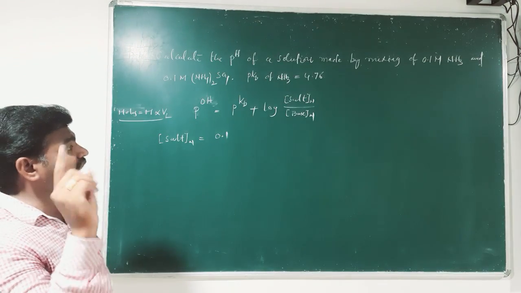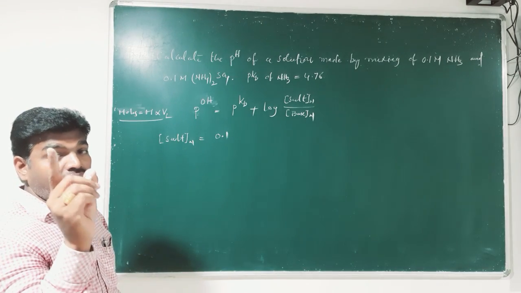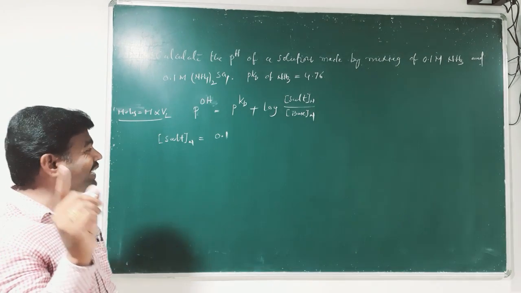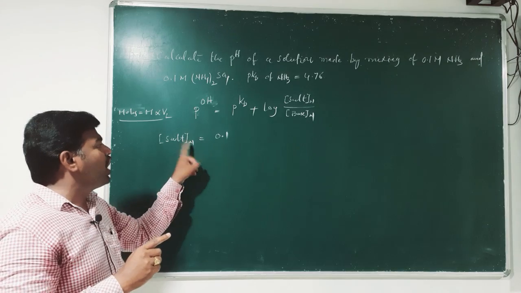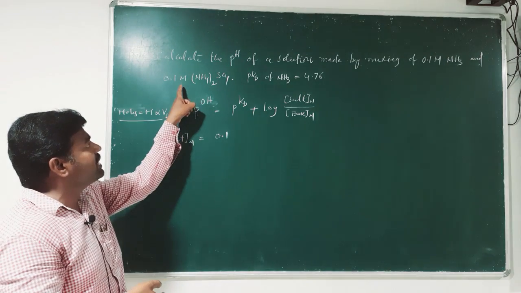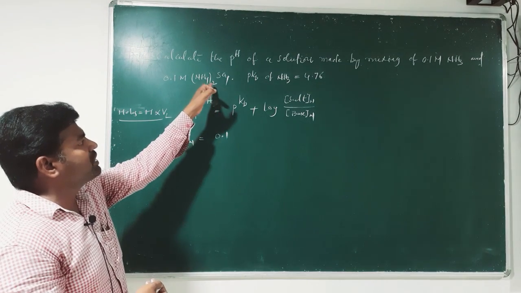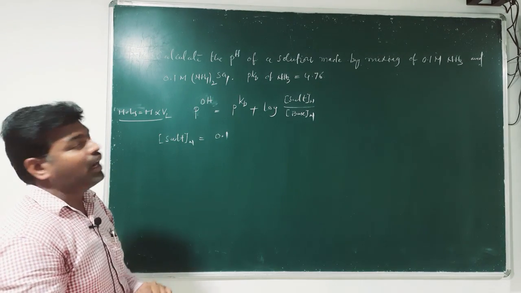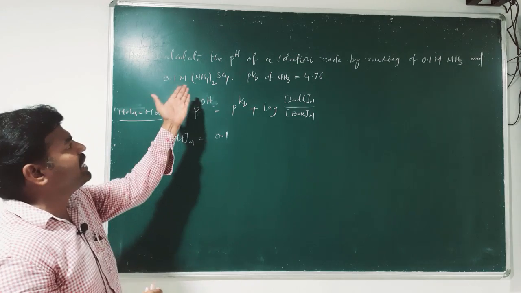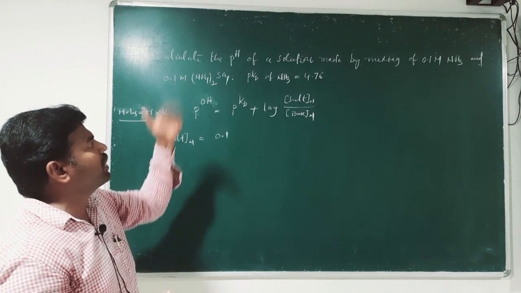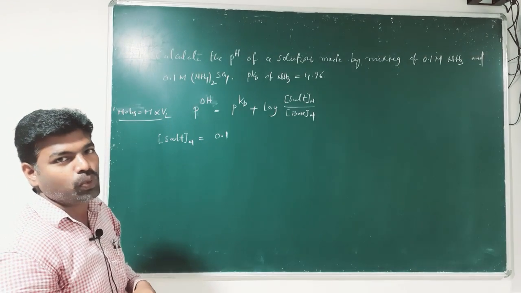But in pH calculations we should take the concentration in normality. The salt is 0.1 molar, and its N factor is 2, because ammonium sulfate has 2 NH4 plus and SO4 2 minus.